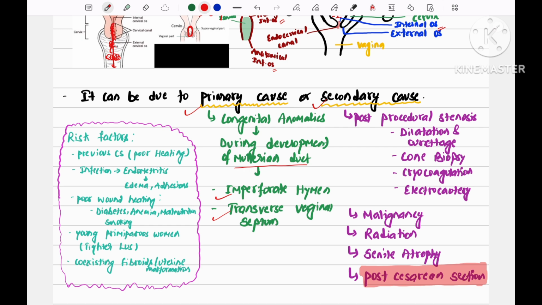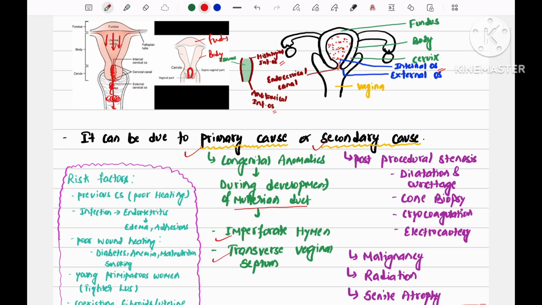That can lead to congenital anomalies. If there is any obstruction like an imperforate hymen, suppose here is the hymen, and this hymen is imperforate, like it is not broken off. If there is no perforation, then during the menstrual cycle the menstrual blood needs to come out from the uterus.